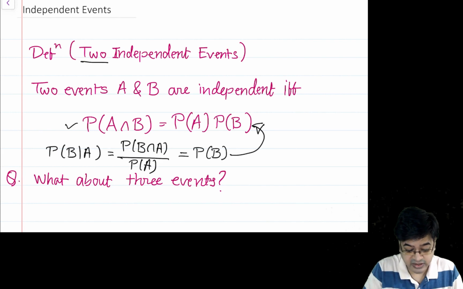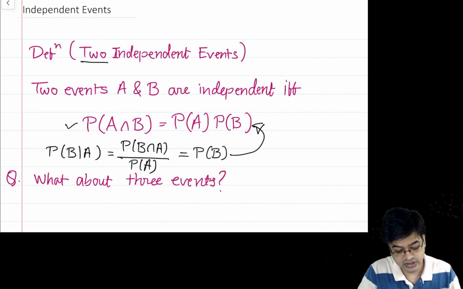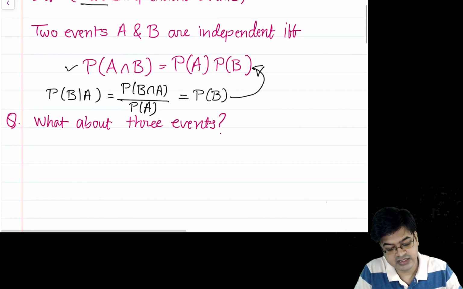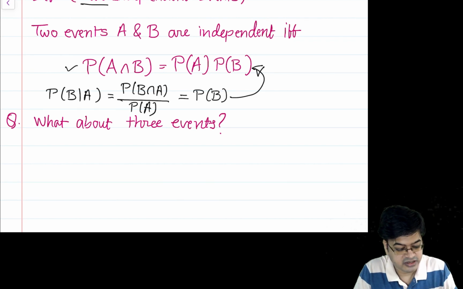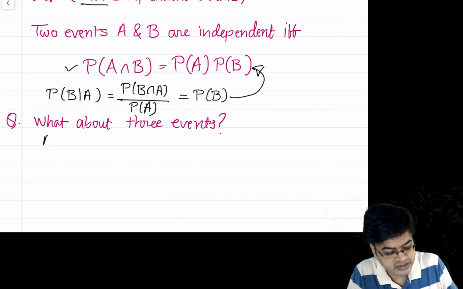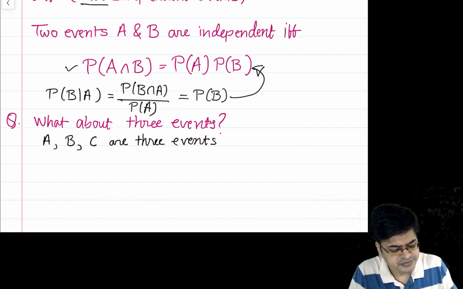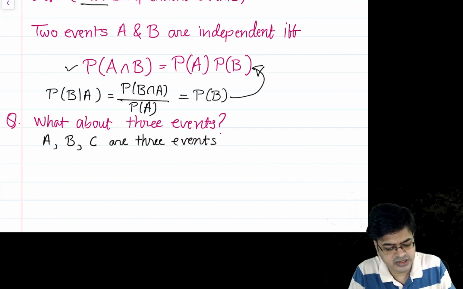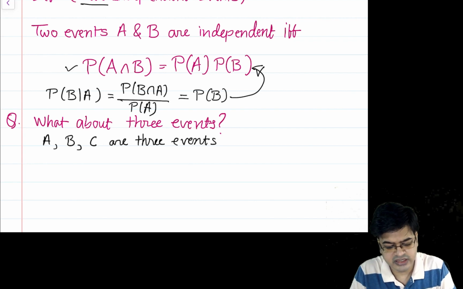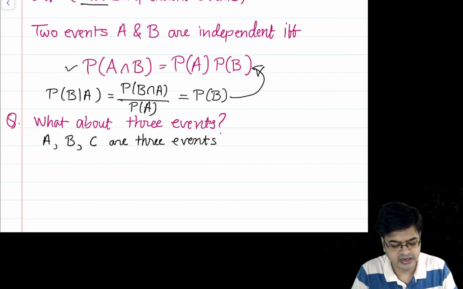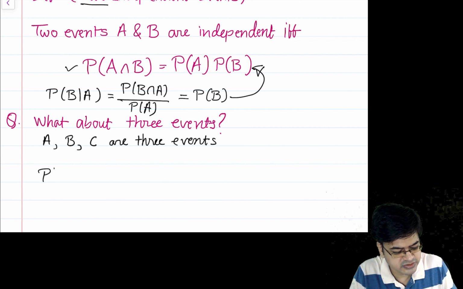Let us try to understand this definition for three events. So how will I say three events are independent? In that case, let us consider A, B and C are three events in the same sample space omega. Naturally, two events are independent means all pairwise I have to see their independence. So I will just use that logic.